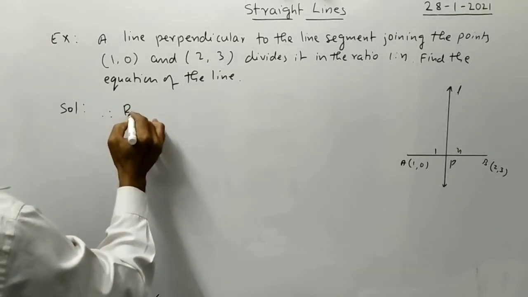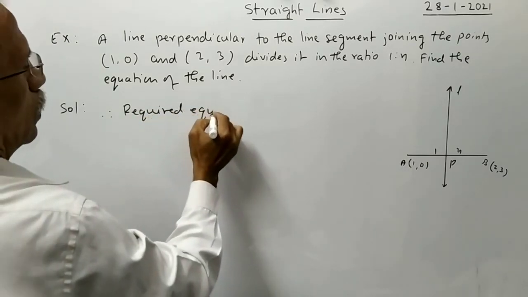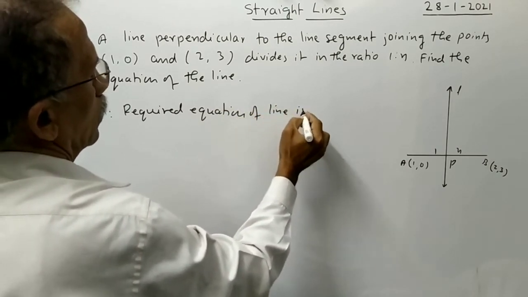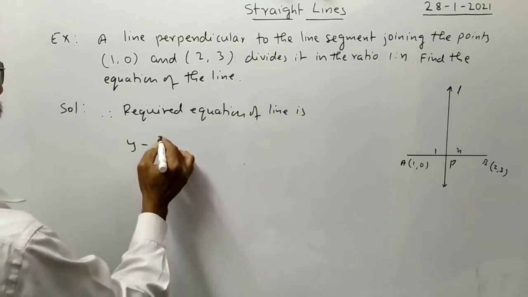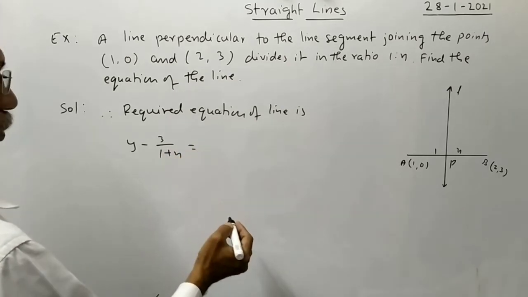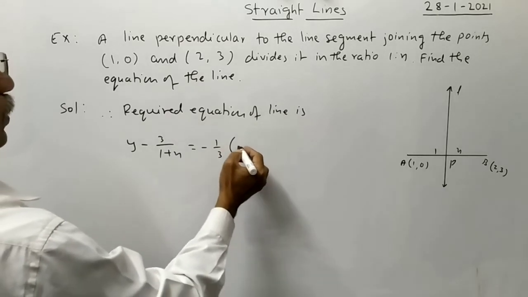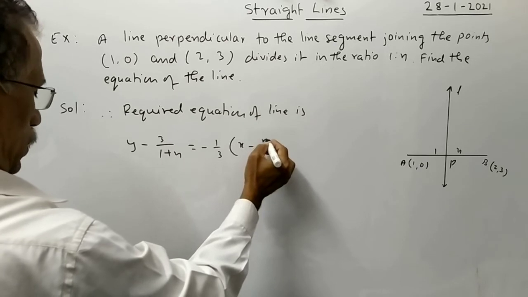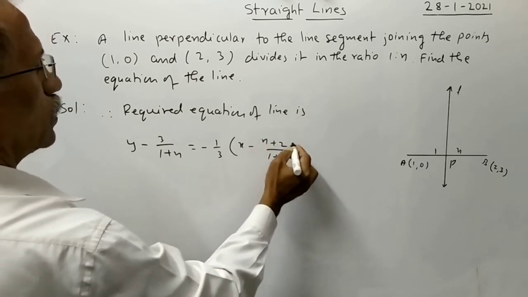Therefore, the required equation of line is y minus 3 divided by 1 plus n is equal to minus 1 by 3 into x minus n plus 2 divided by 1 plus n.